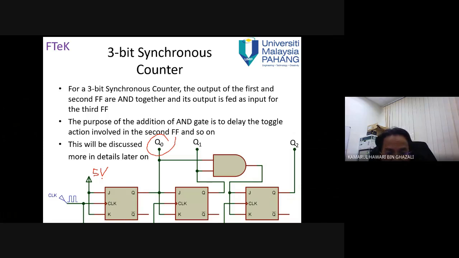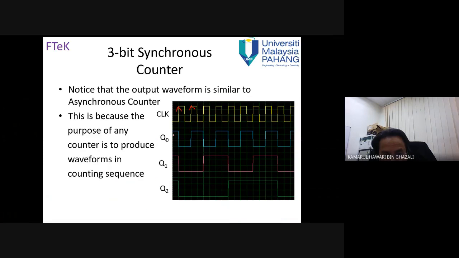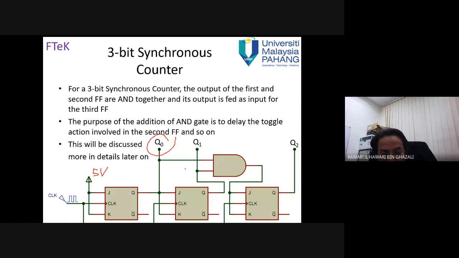So Q0 will toggle from the previous state. This is the first toggle. Then Q1 will also get its output at the same time. Q0, Q1 output at the same time.